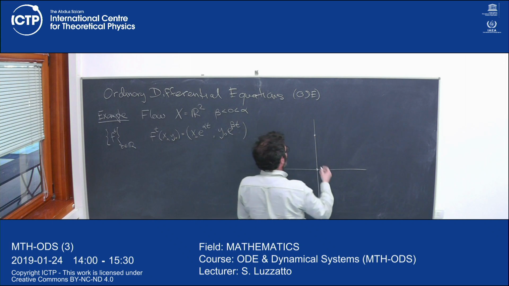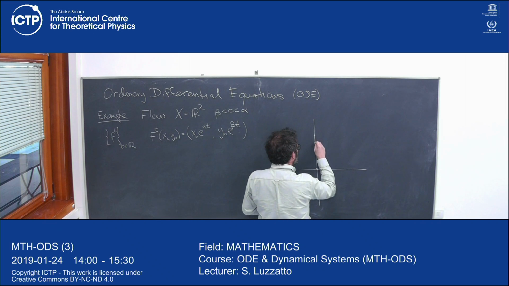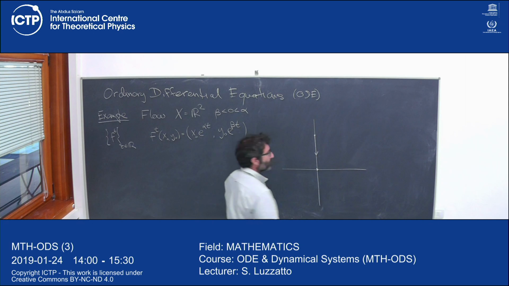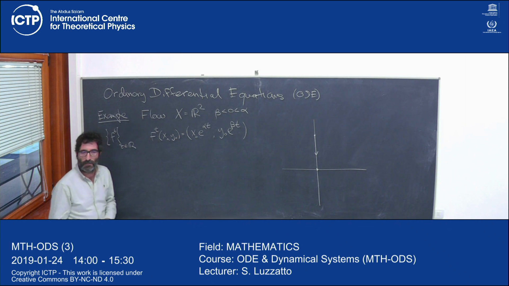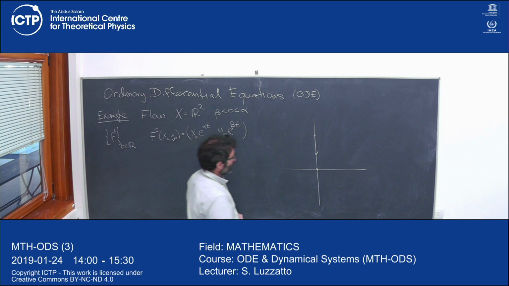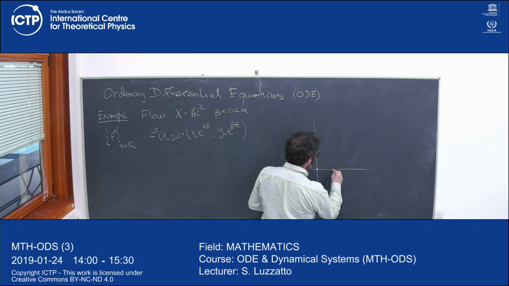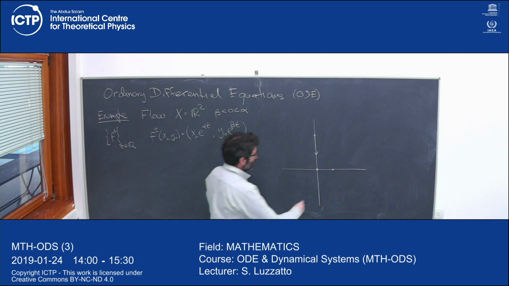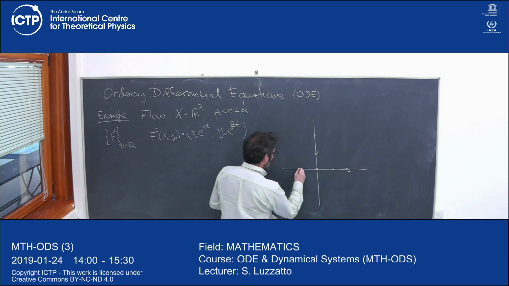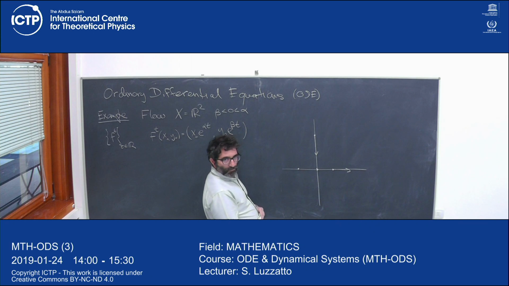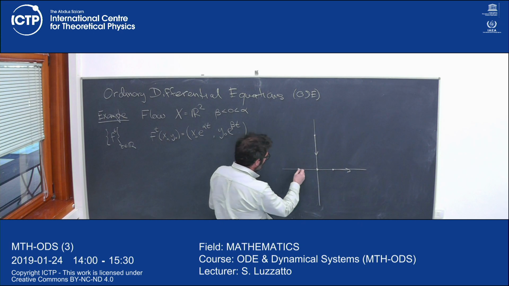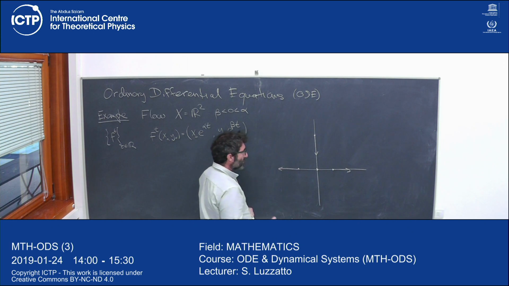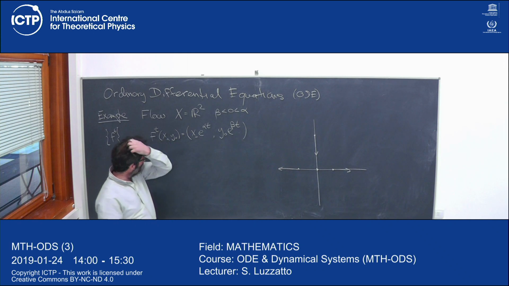So the flow, if you start with this initial condition, it is flowing down. Like this. Yes. What if you take a point here? It is going that way, right? If you take a point here, in forward time it's going to the left. This is all in forward time. Of course, the reverse happens in backward time, right?